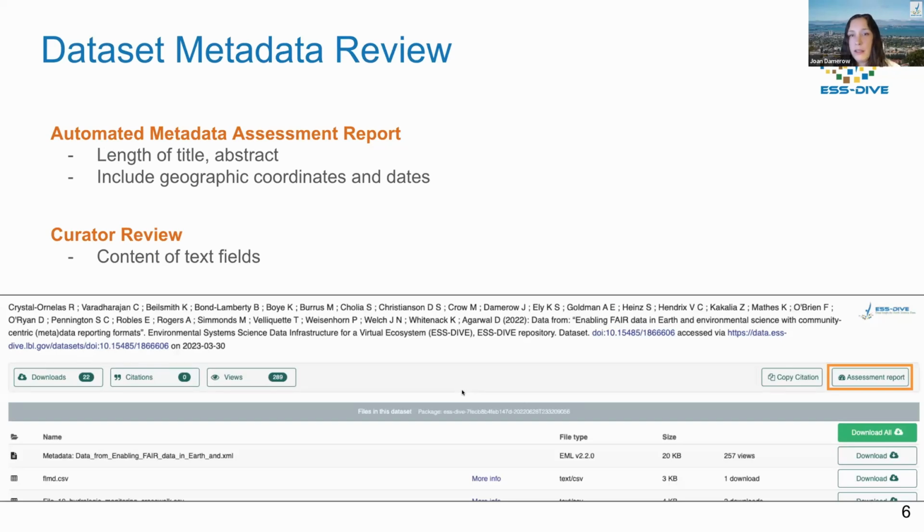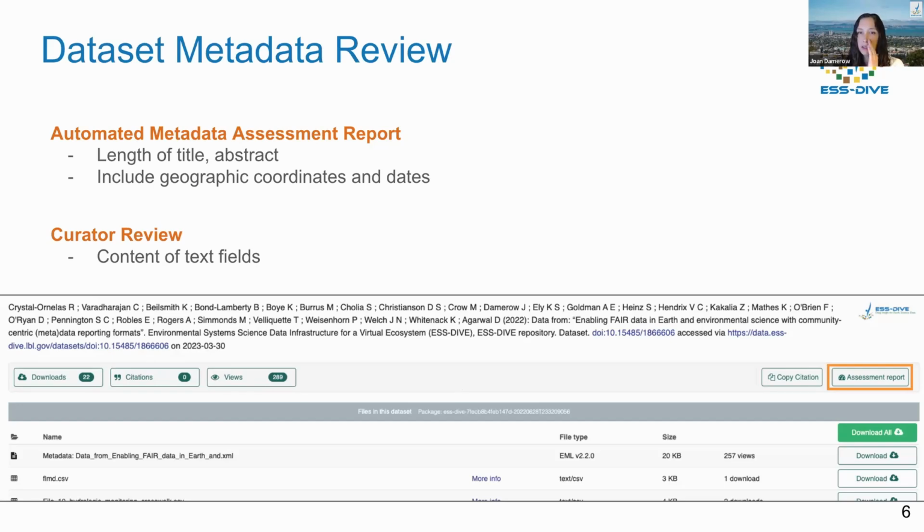We have an automated metadata assessment report that users can run before they submit their data sets. And this generally checks for high-level things like the presence or length of data set metadata fields, like the title, abstract, methods, location, and date.